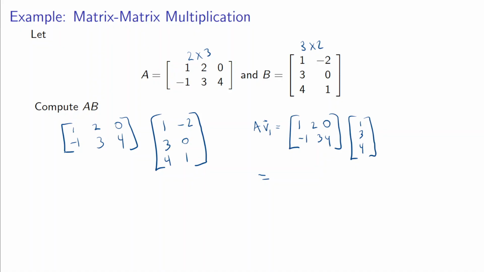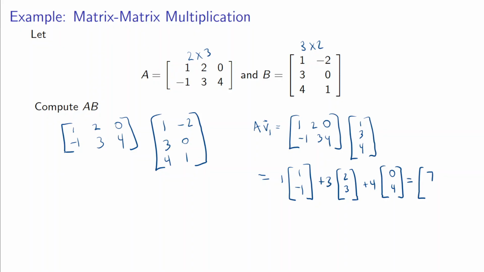So the result here would be 1 times (1, negative 1), plus 3 times (2, 3), plus 4 times (0, 4). And we put all that together. Notice that our result here is going to be a vector in R2. So we'd get 1 plus 6, so that's 7.